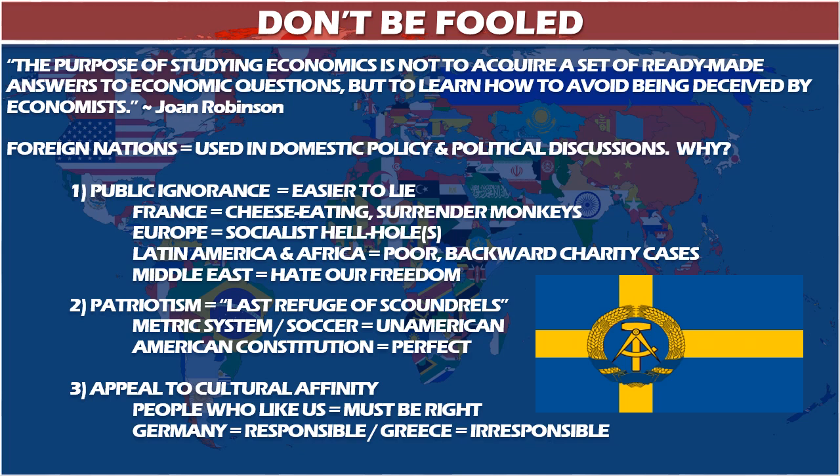The next is that you can criticize people who use foreign examples by saying, well, it's un-American. As many people have said, patriotism is the last refuge of scoundrels, and you can see here this Swedish map with the socialist emblem in the center. We don't like the metric system. It's a foreign system. Football means something different to us.